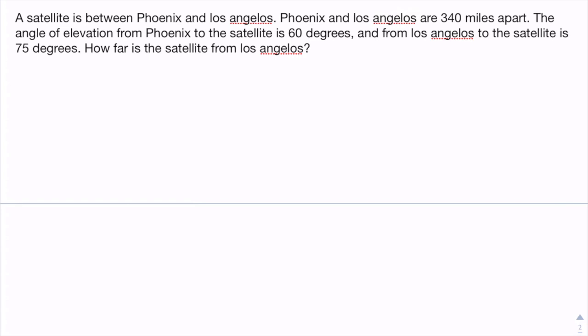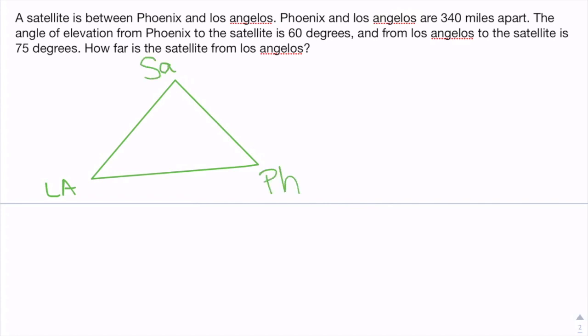So from here, I'm going to draw a picture, and the picture is going to be of a triangle. We have LA, we have Phoenix, and we have a satellite.